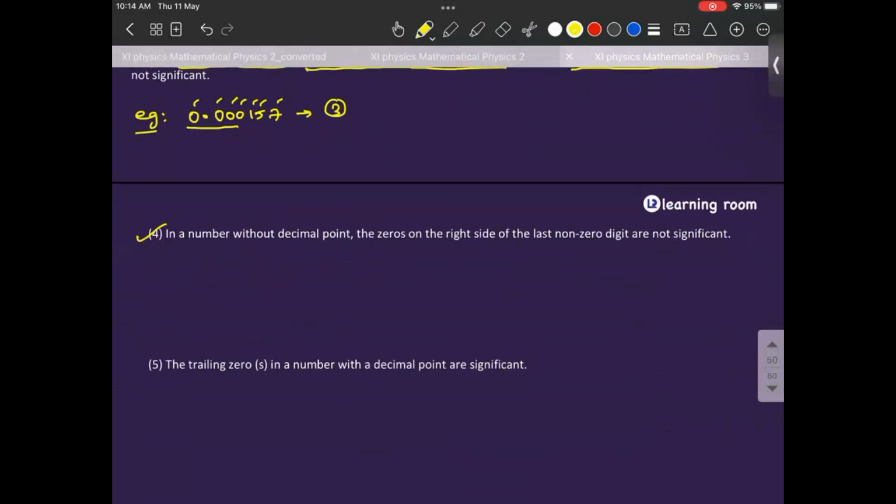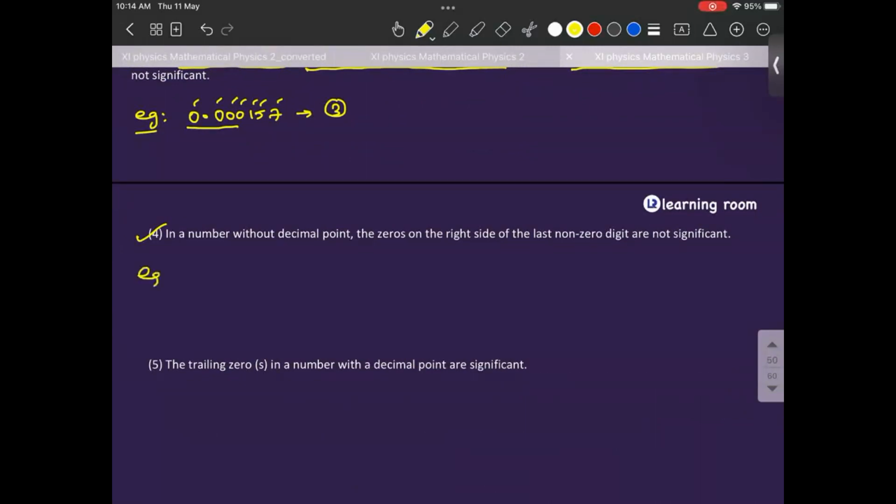In a number without a decimal point, the zeros on the right side of the last non-zero digit are not significant. So if I have a number which does not have a decimal point, the zeros on the right of the last non-zero digit are considered not significant.